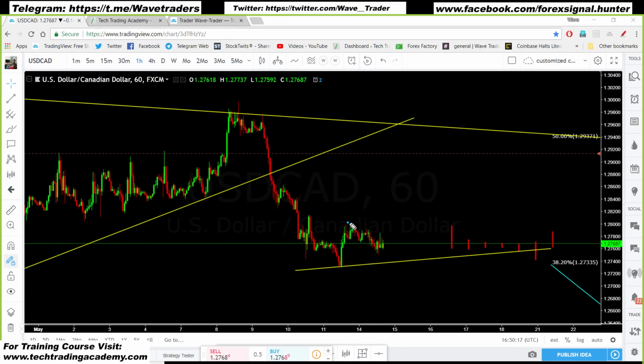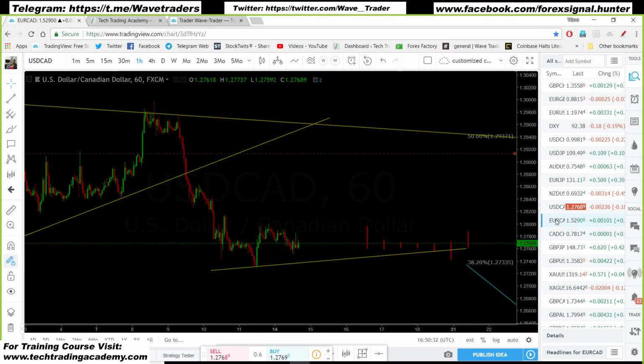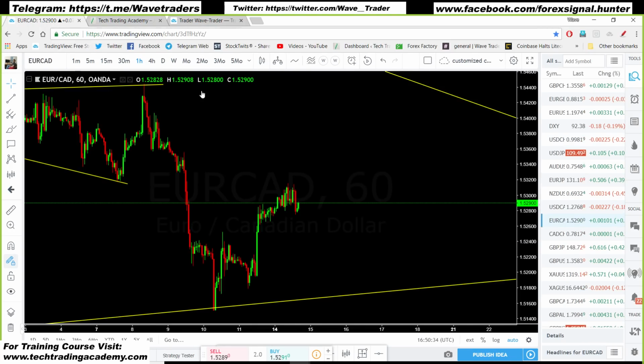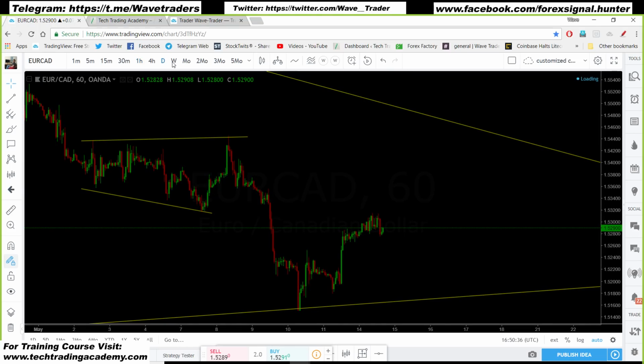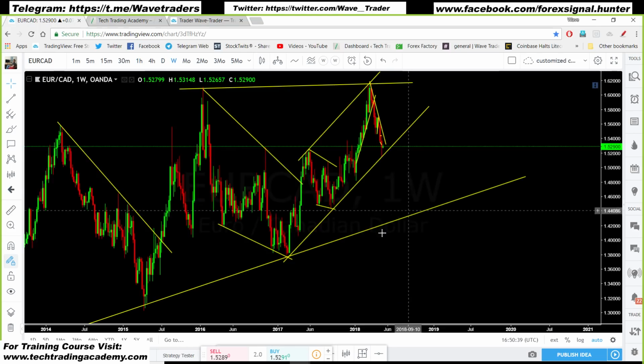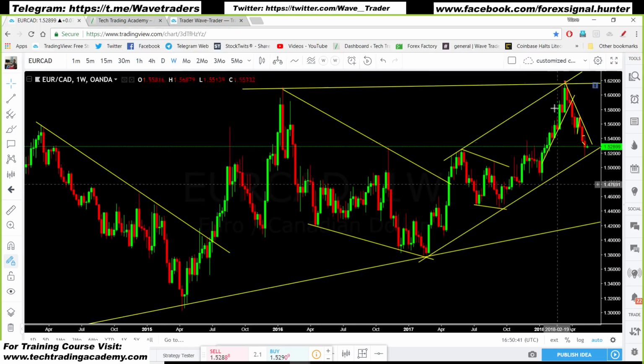So short term, that trade. Short term buy, that correction, ABC move downside. EuroCAD, yeah, EuroCAD is not stopping at all.